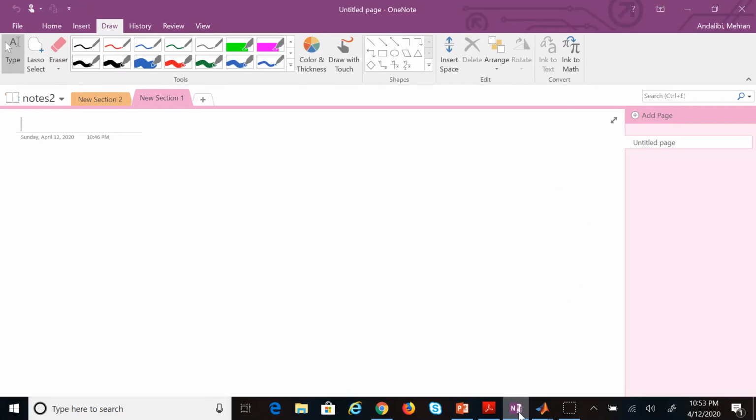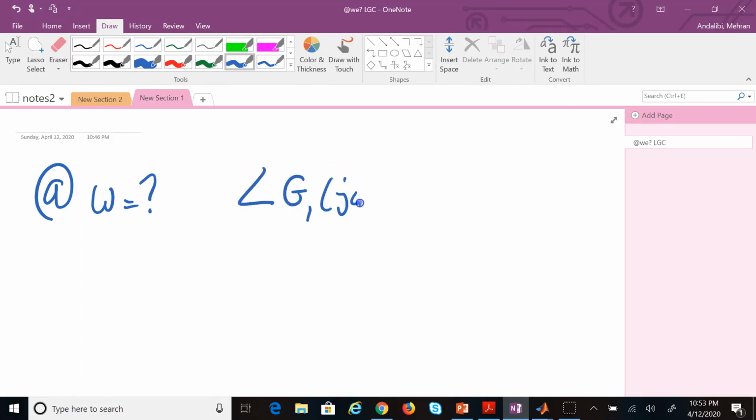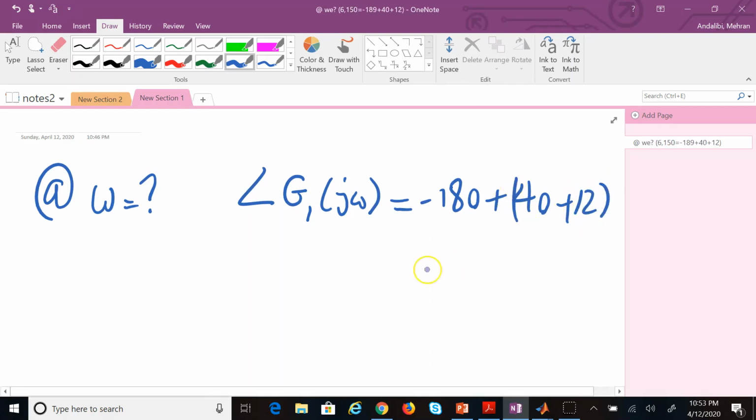Let's this time choose that one. So we want to know at what frequency the phase of G1 of j omega is equal to negative 180 plus 40 plus 12, which is negative 128 degrees. Okay, let's find this frequency.